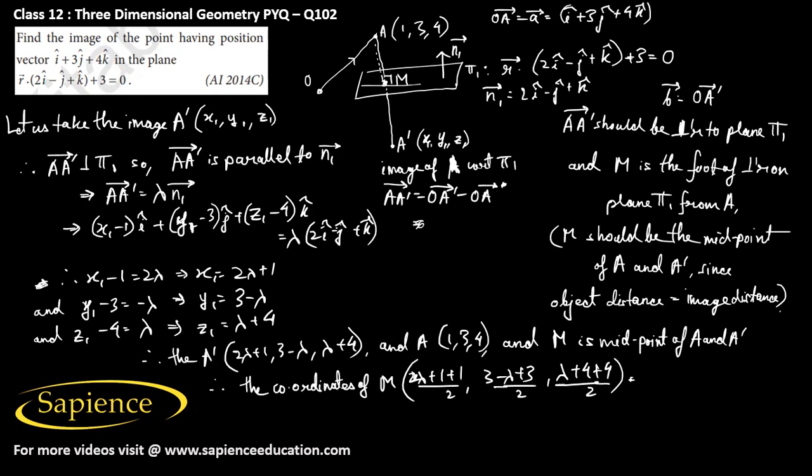So that will be lambda plus 1, comma 6 by 2, that is 3 minus lambda by 2, comma lambda by 2 plus 4.